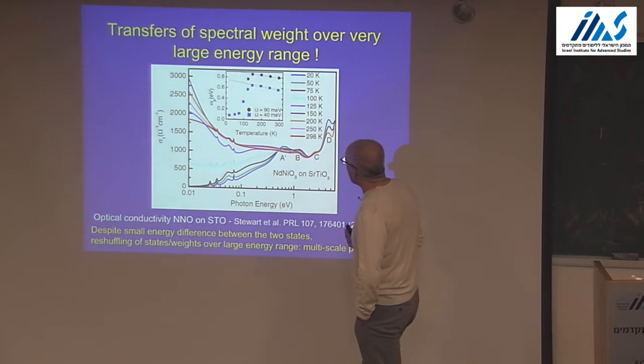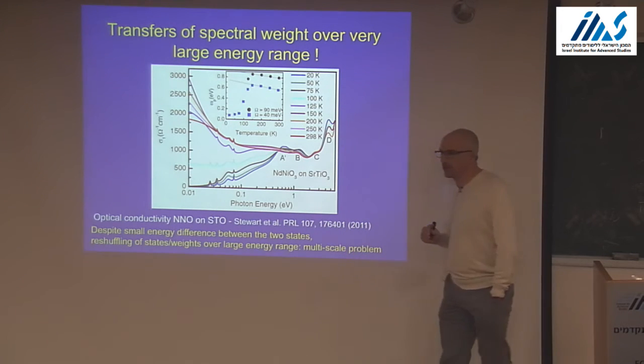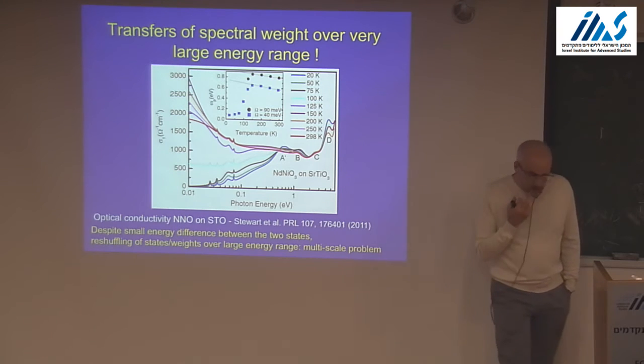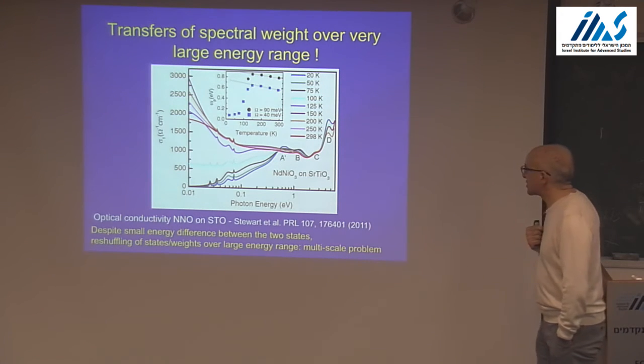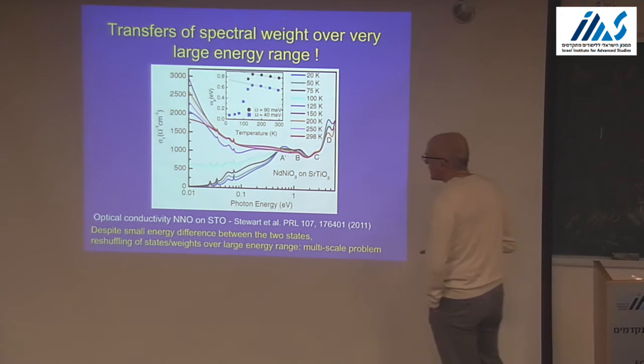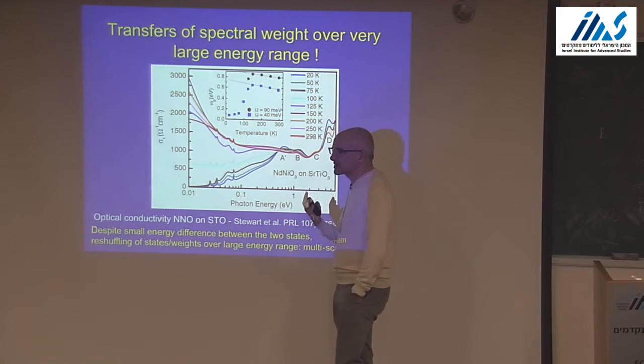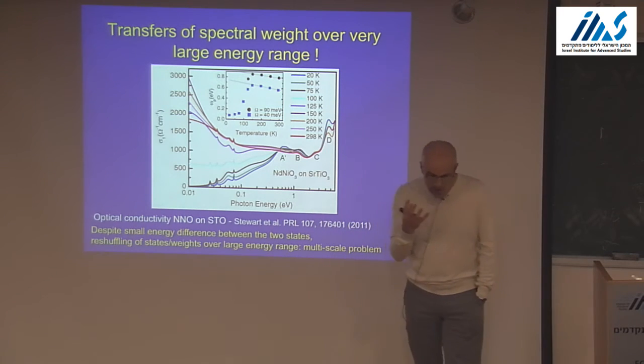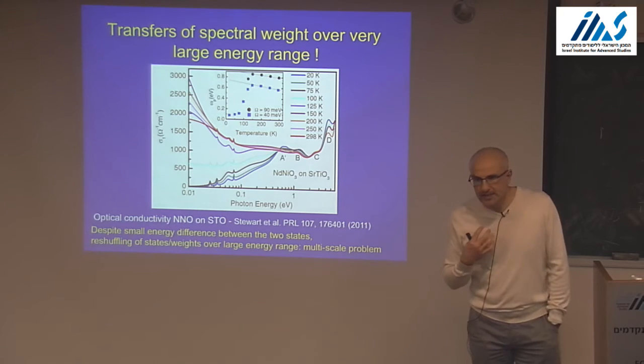Okay, there is one thing I want to mention here, because this will come up in the rest of these lectures, which is that there are common aspects which are signatures of strong correlations in these systems.